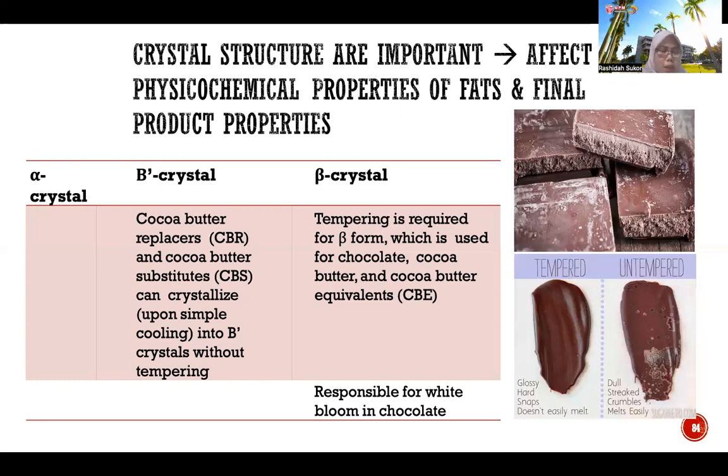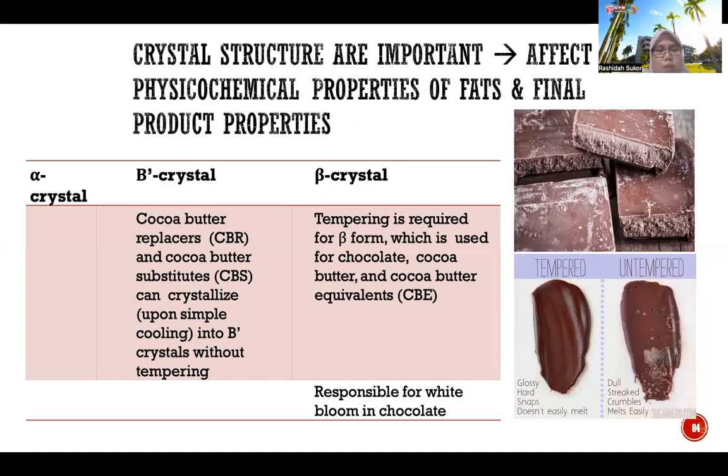So you can compare the list of ingredients between expensive chocolate and affordable chocolate. If you go to KLCC, maybe Pavilion, they should have it. So if you have CBR, CBS in the chocolate, it can crystallize.